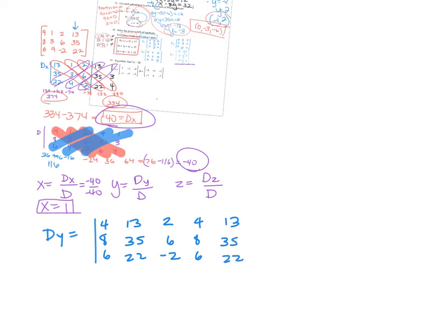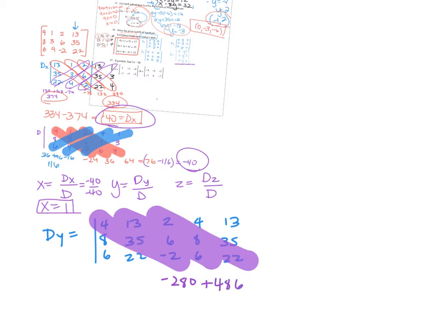And then I go top left, bottom right, all the way down. 4 times 35 times negative 2. 13 times 6 times 6. 2 times 8 times 22. And I get 558. And then go the other direction.